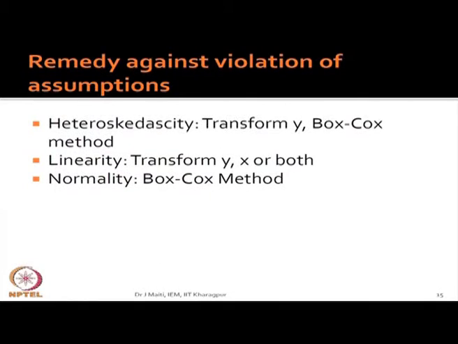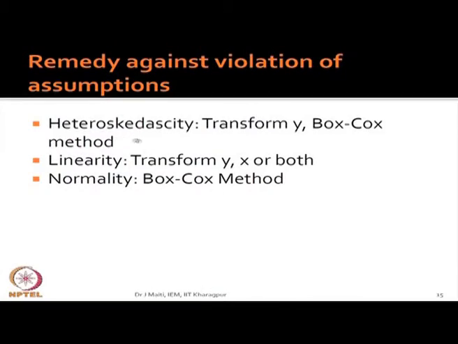If there is a violation of any of the assumptions, how do you go about it? What will you do so that this violation can be avoided and your multiple regression equation can be fit, or multiple regression modeling can be done? Now if there is heteroscedasticity, then transform y, and the Box-Cox method is one method used for transforming y.